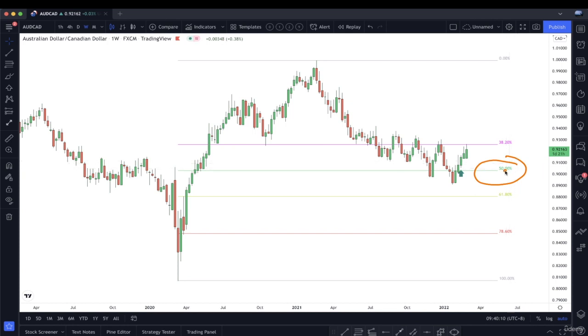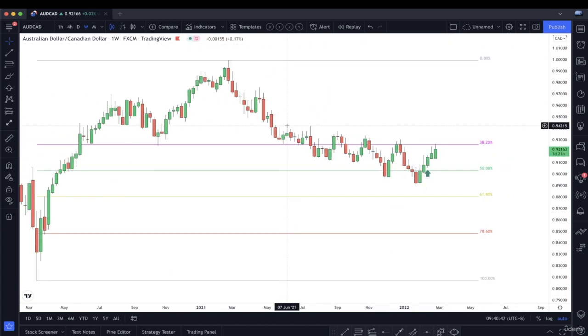Now, looking left to add more confluence to it, we can also see that here we had this very aggressive move downside. So this one is the breakout point of this very impulsive move to the upside. So this could act as a support once tested again. All right.